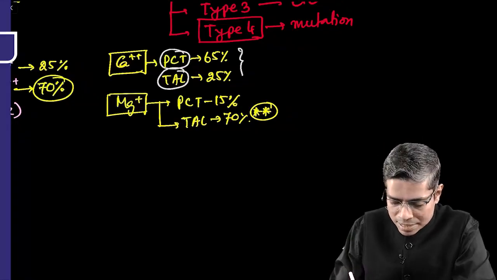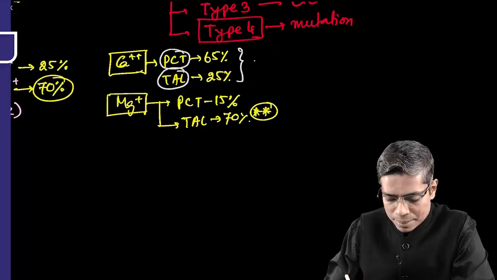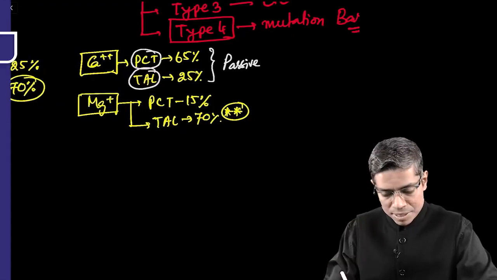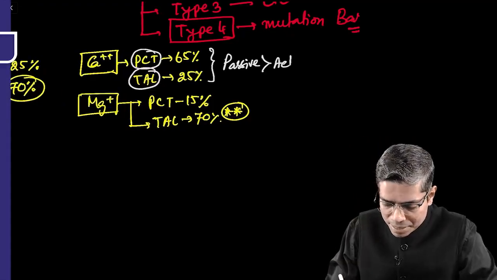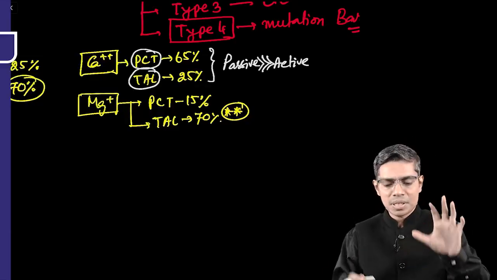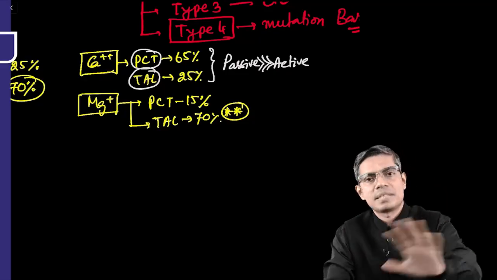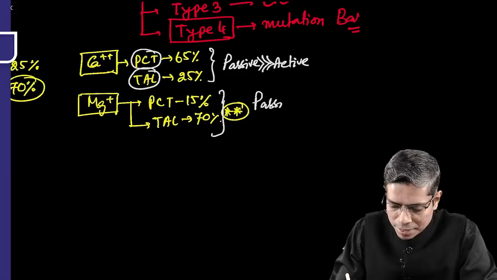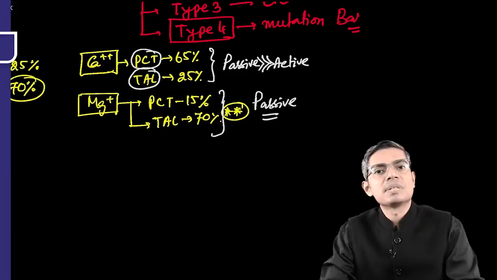If I ask you whether calcium reabsorption there is active or passive, it is mainly passive, although some active reabsorption is there, but very, very little. What about magnesium? It is also only passive. Active reabsorption is not possible here.